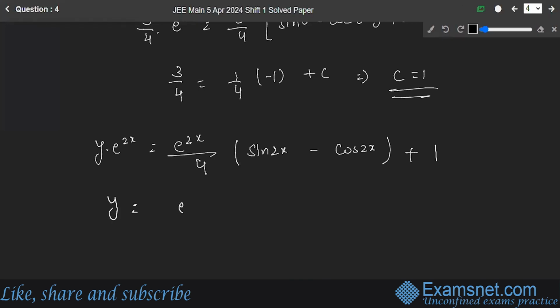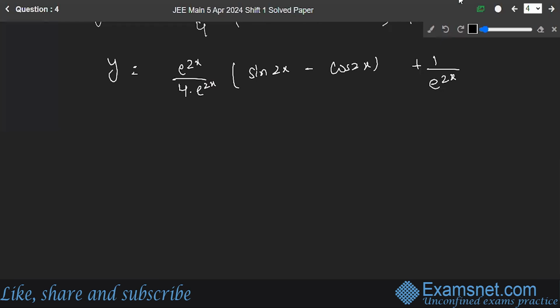So here e^(2x) upon 4 into e^(2x) (sin 2x minus cos 2x) plus 1 upon e^(2x). So here y will be equal to 1/4 (sin 2x minus cos 2x) plus e^(-2x).